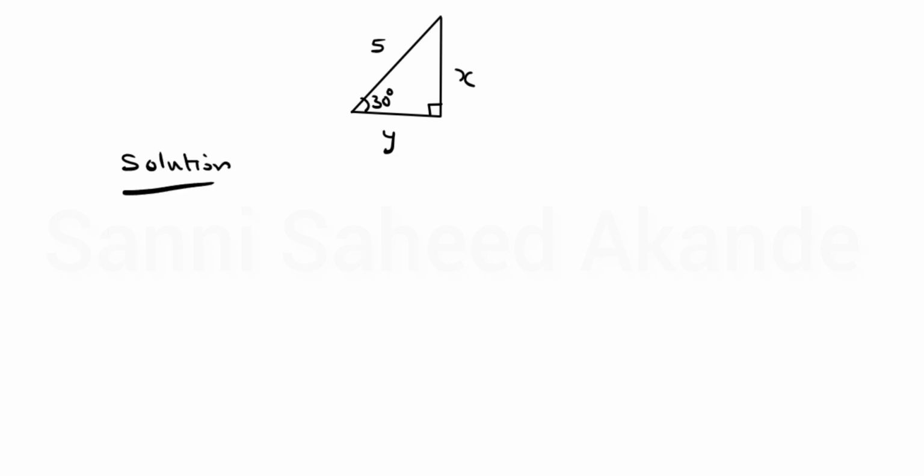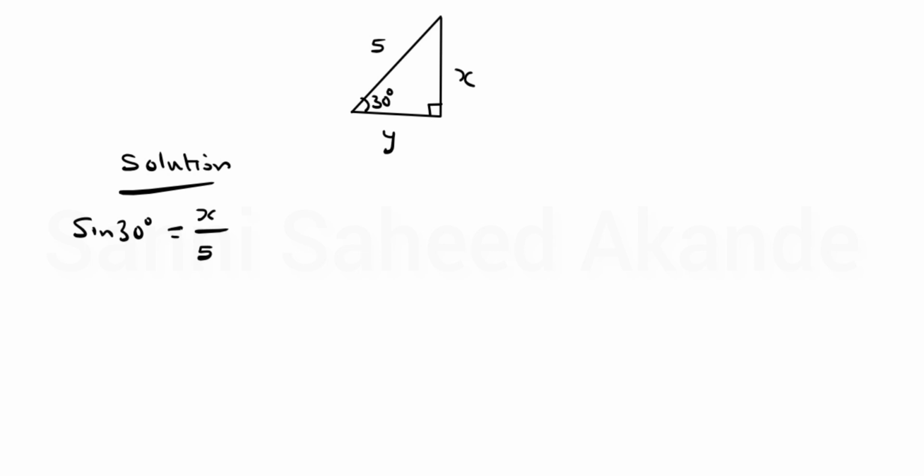I'm going to use an identity that will capture x and 5. What I can use that will capture x and 5 is sine 30 degrees, because sine 30 is opposite over hypotenuse. And what is my opposite here? My opposite is x divided by the hypotenuse, which is 5.